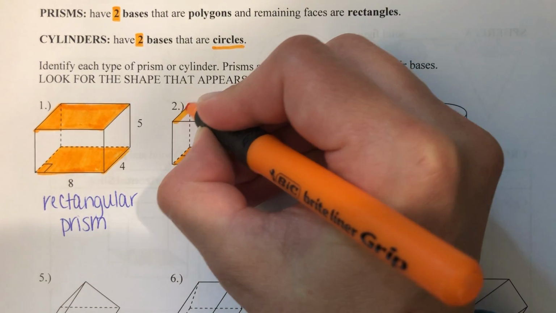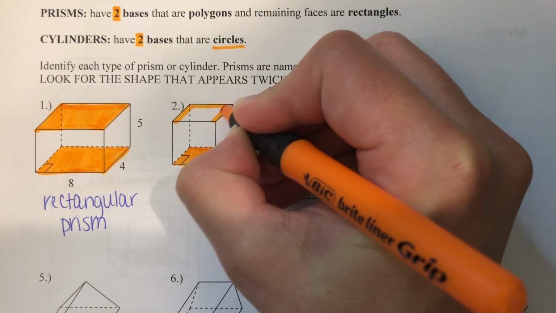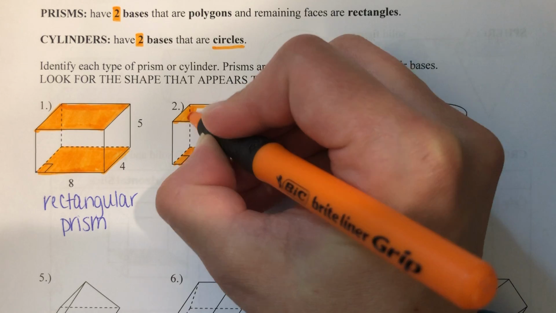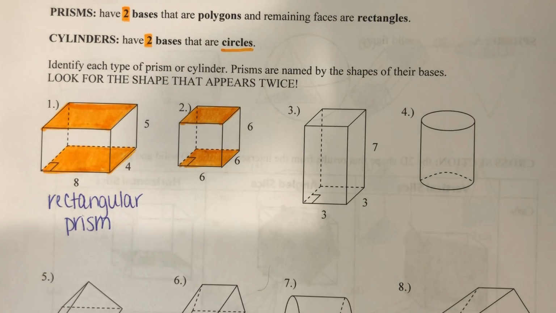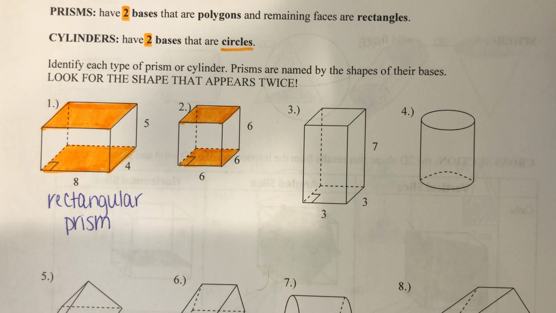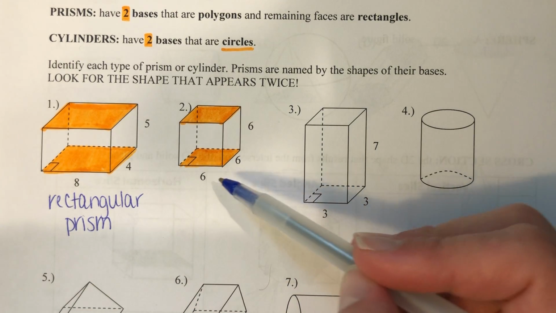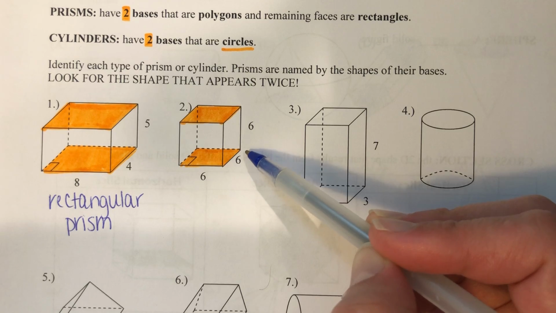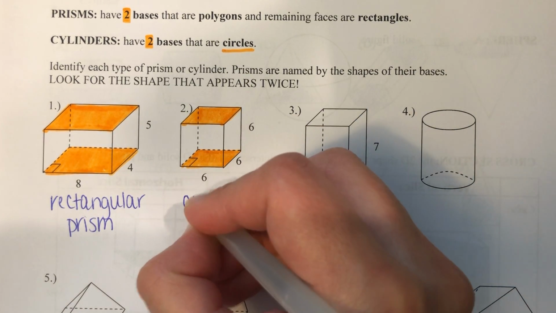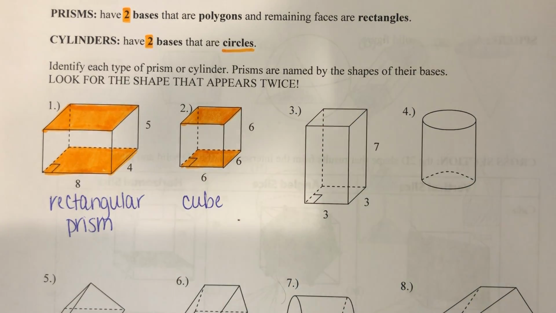And that same square would be repeated on the top. Now, I would normally call that a square prism, which you could, it's not wrong. But these have a special type of name where not only is there a square on the bottom, but the height has the same dimension. We call that a cube, when all three dimensions are the same.